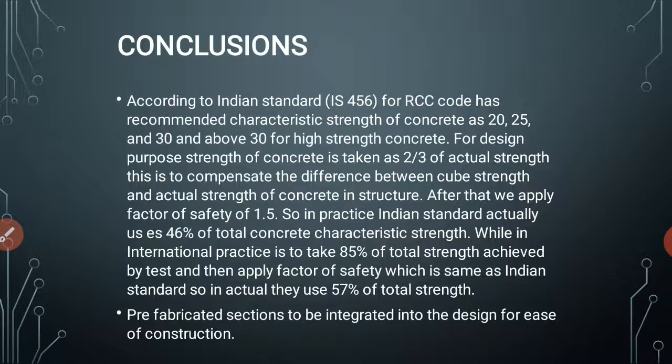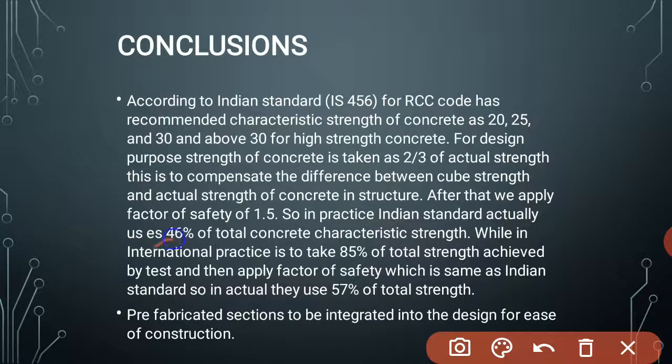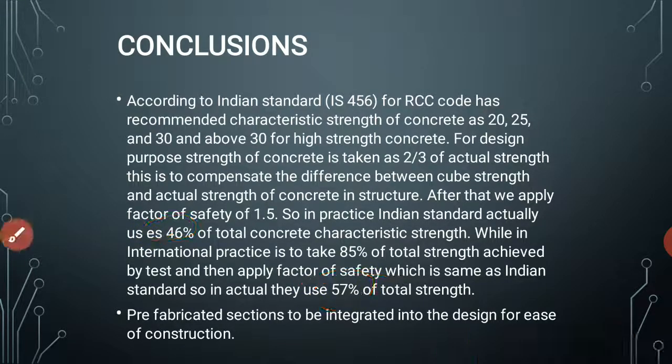So they actually use 57% of the actual strength. We use 46% and they use 57% of the total strength. Prefabricated sections are to be integrated in the design for use in construction. Prefab structures are nowadays becoming more popular.